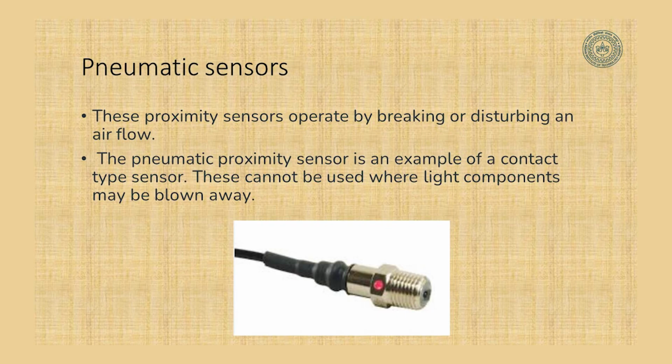Then there are pneumatic sensors. These proximity sensors operate by breaking or disturbing the airflow, as the name suggests, pneumatic. The pneumatic proximity sensor is an example of a contact type sensor. They cannot be used where light components may be blown away, because they will break or disturb the airflow.